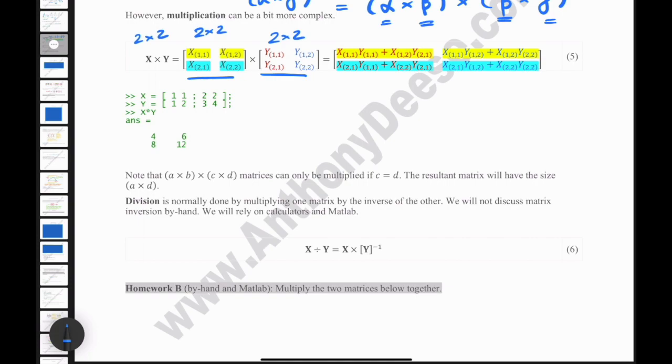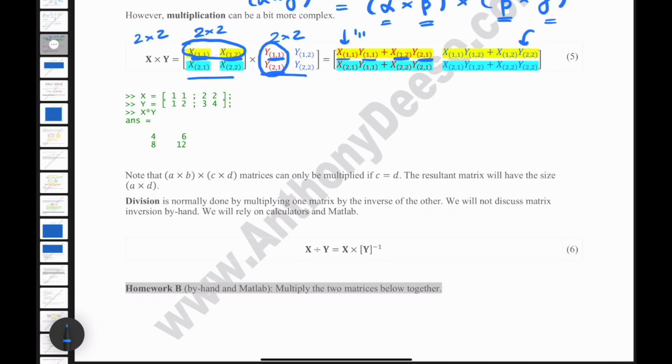Now how do we do this? To yield the element 1, 1, the top left element of the resultant matrix, we take this vector and multiply it by this row right here. Hence, that's why you see x11 times y11, this element times this element, plus this element times this element, x12 times y21.